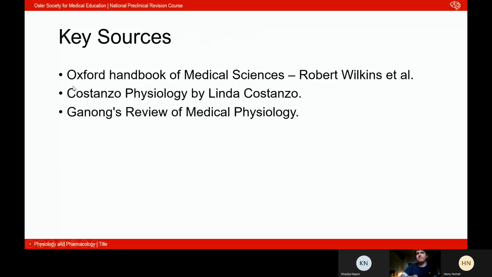There's this textbook, which is also perfect for revision, Costanzo Physiology. It doesn't necessarily go into great amounts of detail, so if you wanted to go into great detail on a topic, you might want to look at something like Bolton and Bull, but Costanzo Physiology is a really great revision textbook. And also this textbook, which I used a lot to revise when I was doing physiology, Ganong's Review of Medical Physiology.